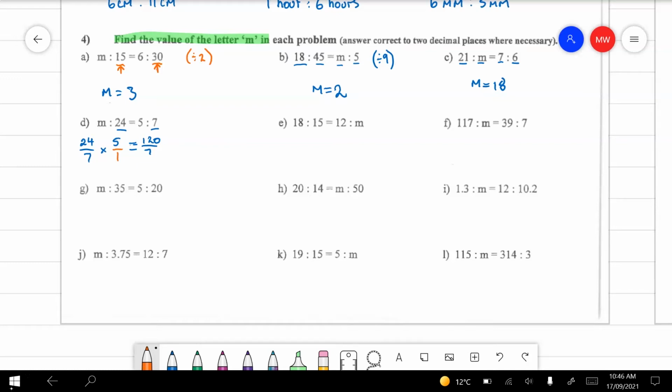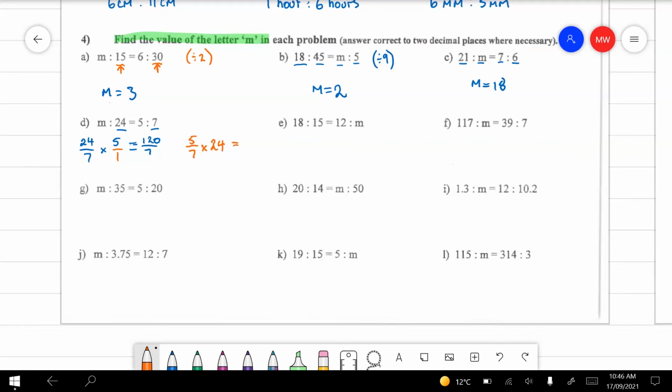Now, another way of thinking about this would be that 5 over 7 describes the relationship between m and 24. So we could also do 5 over 7 times 24. And this one would give you the same answer.